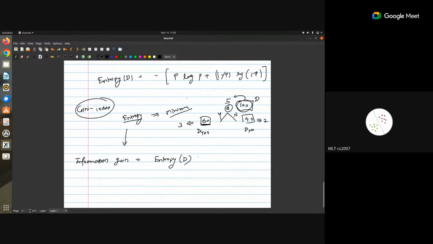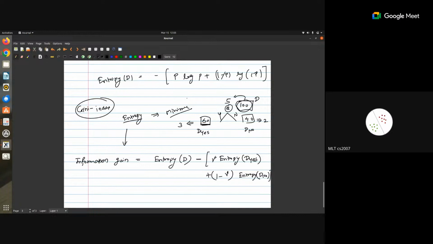So information gain says: entropy at this point minus gamma times entropy of D_yes. I think I'm writing the correct formula, I'll check it later on. Plus 1 minus gamma times entropy of D_no, right?